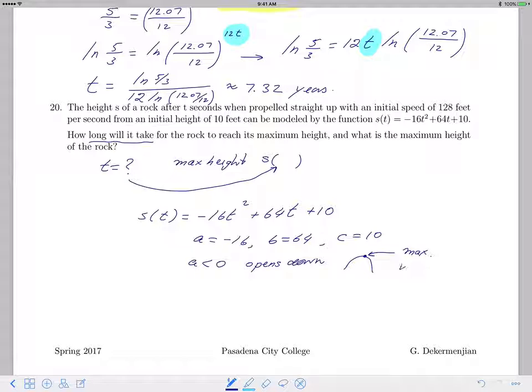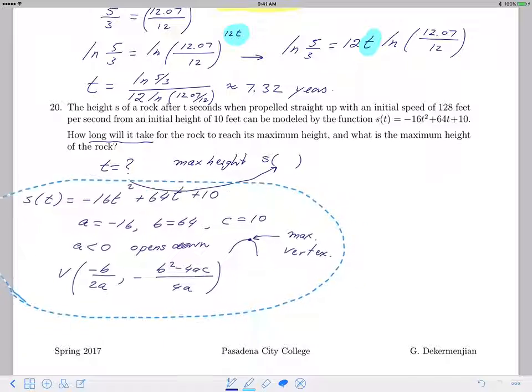And that maximum point is where the vertex is. And so that's really all we're asked to do. The vertex has coordinates negative b over 2a, minus the discriminant over 4a. All right, let's move this over a little bit and let's calculate.